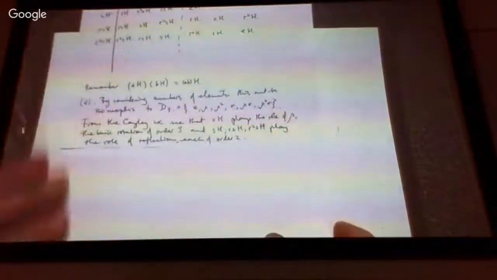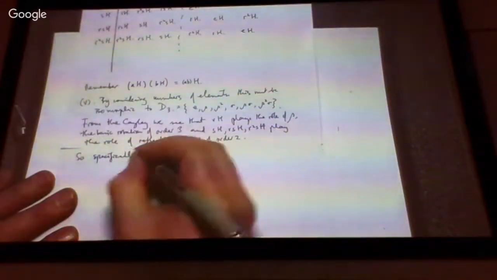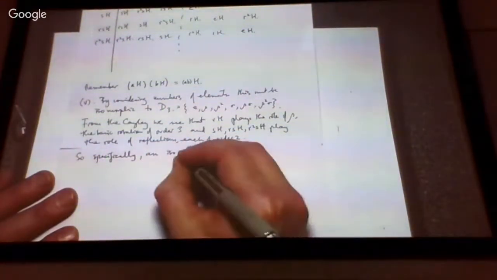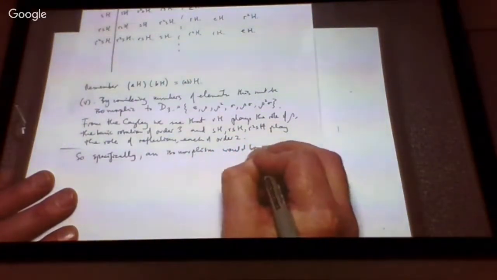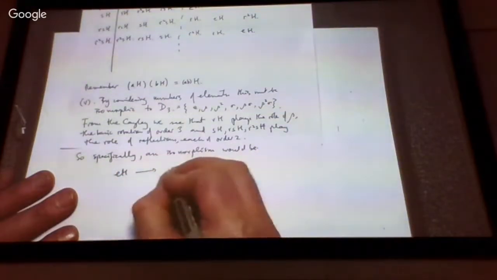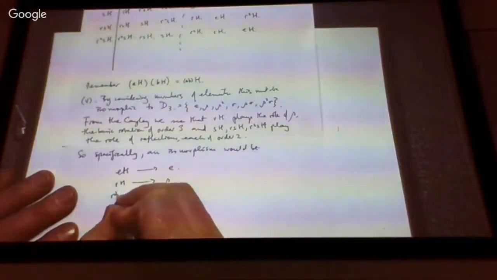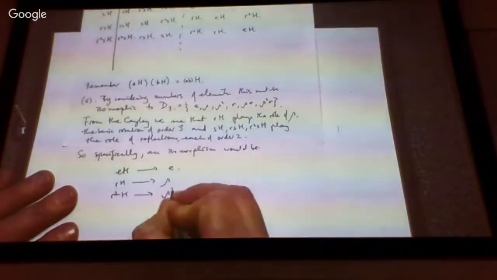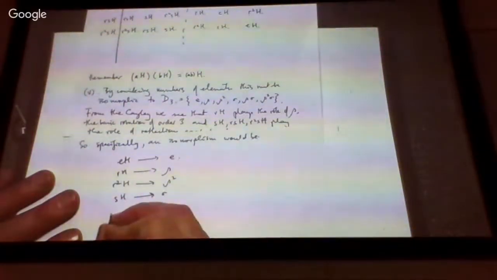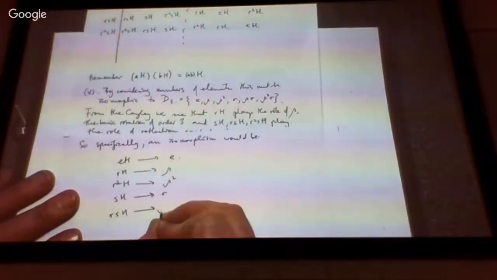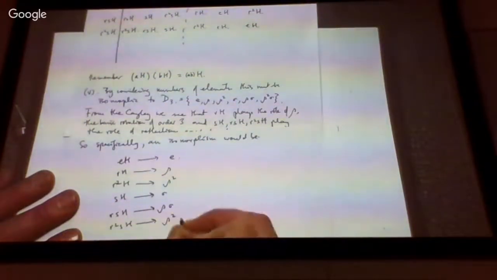So I would maybe say, specifically, the isomorphism, or an isomorphism, would be: EH maps to the identity, RH maps to rho, R squared H maps to rho squared, SH maps to sigma, RSH maps to rho sigma, and R squared SH maps to rho squared sigma.